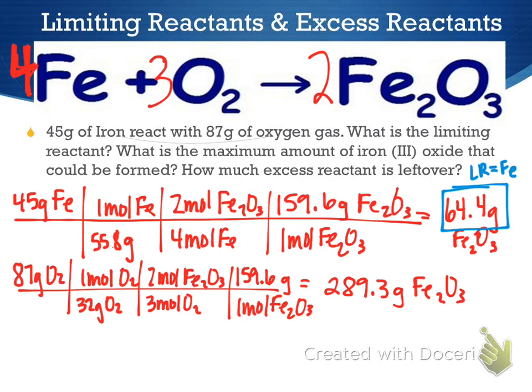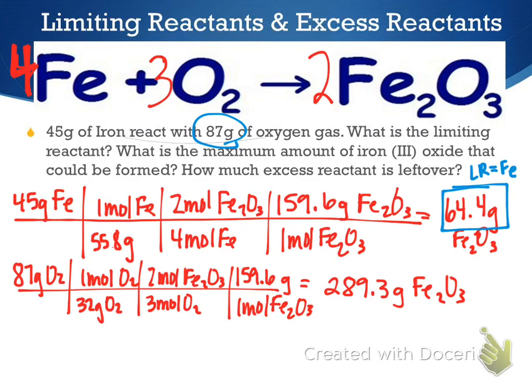So which of our reactants is our excess reactant? O2, right? So we're not going to use all 87 grams. But what we need to figure out is how much of our 87 grams is going to get used. And then we're going to subtract that from 87 and find out how much is left over. So the way we do that is we use our T-chart conversions to go from our limiting reactant.